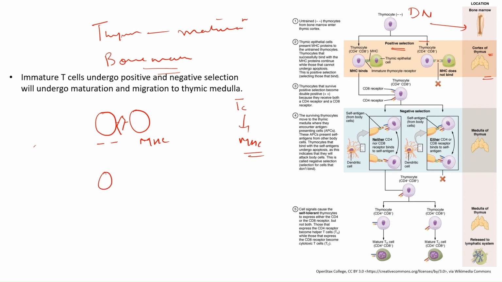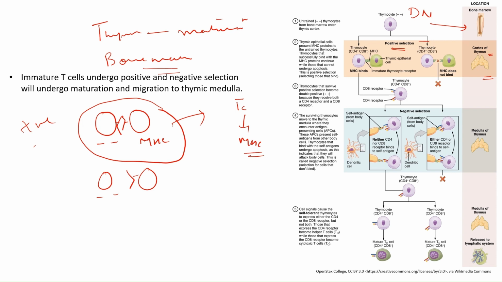So there will be cells that are able to bind with MHC and there will be cells that are unable to bind with the MHC. So we are selecting the cells that have this property, because this is the important property of T cells. We select those T cells that can bind with MHC by directly picking them up. So this is a type of positive selection happening in the cortex of the thymus.